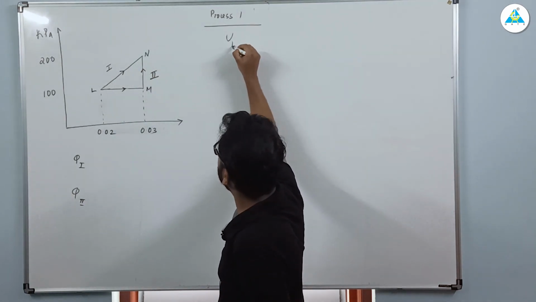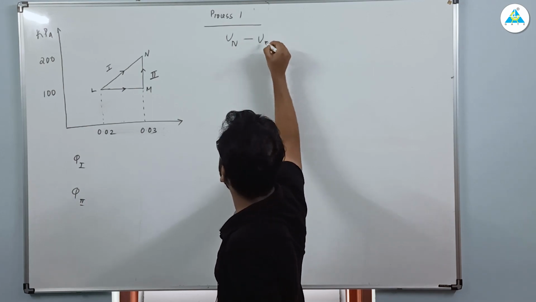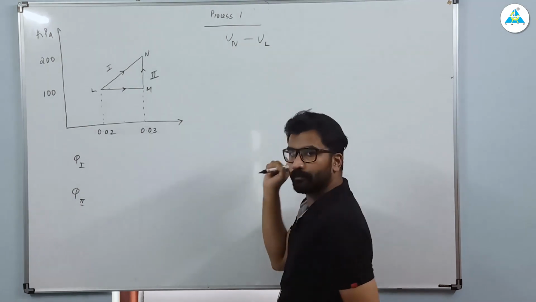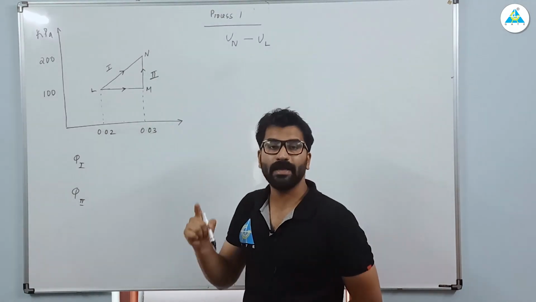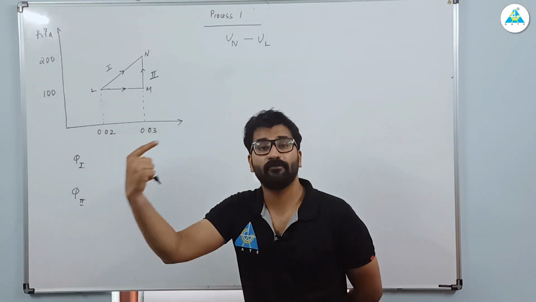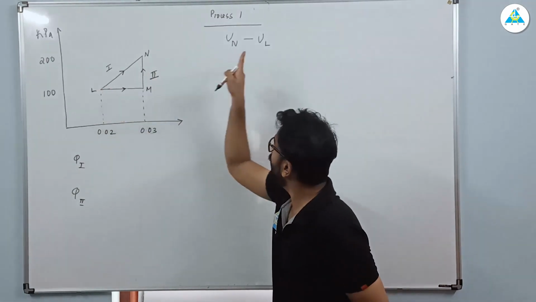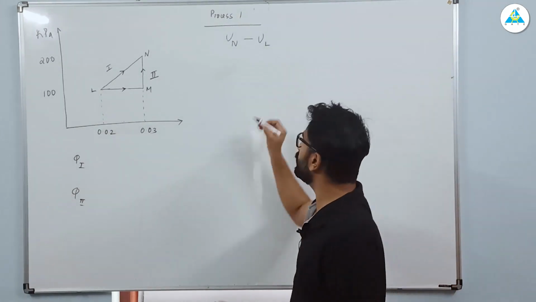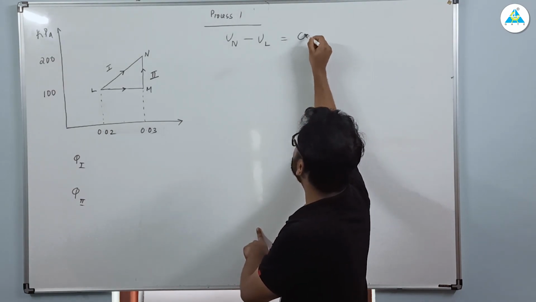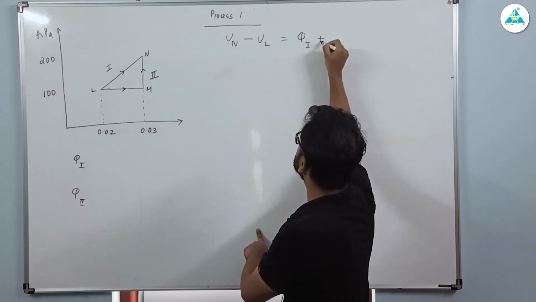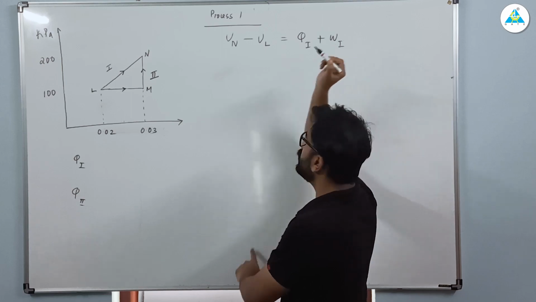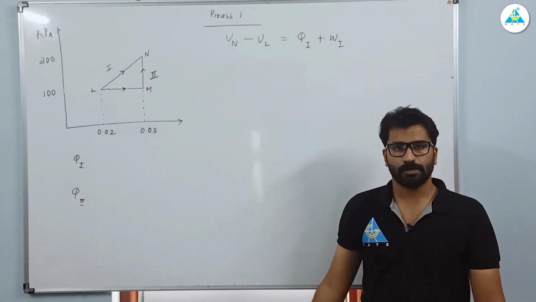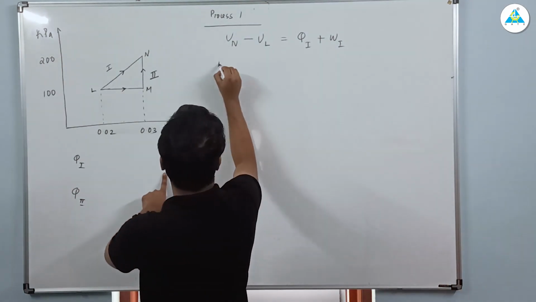Internal energy at state N minus internal energy at state L, because UN is my internal energy at state N, that is my final state, and UL is your internal energy at the initial state. UN minus UL, no problem? It will be equal to heat transferred during the first process plus work transferred during the first process, Q1 plus W1. Simple.